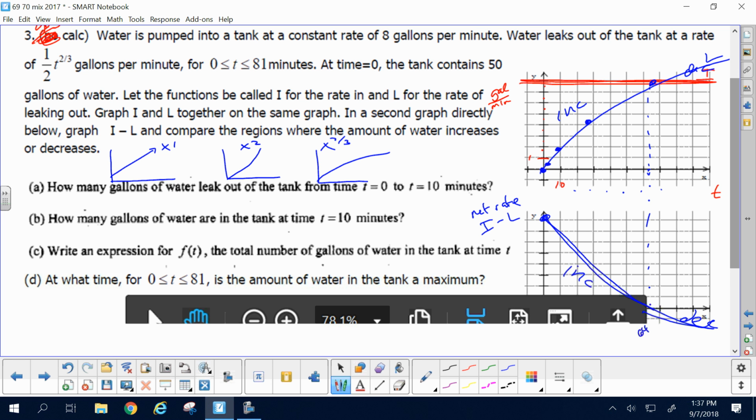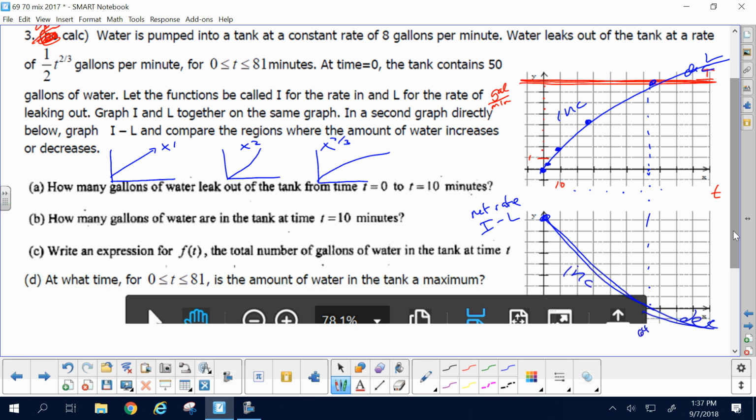Understood? Okay, let's talk these then. How many gallons of water leak out from time 0 to time 10? Do I care about the initial 50 gallons for this question? No. When they ask about leave, all I care about is the leave function. So the leave is constantly changing.